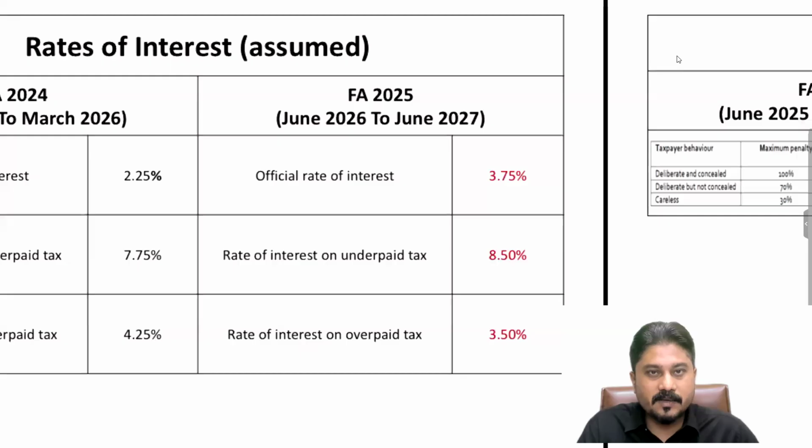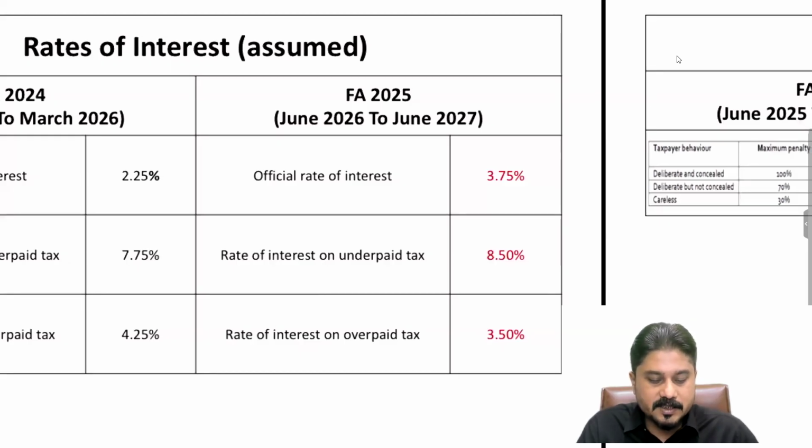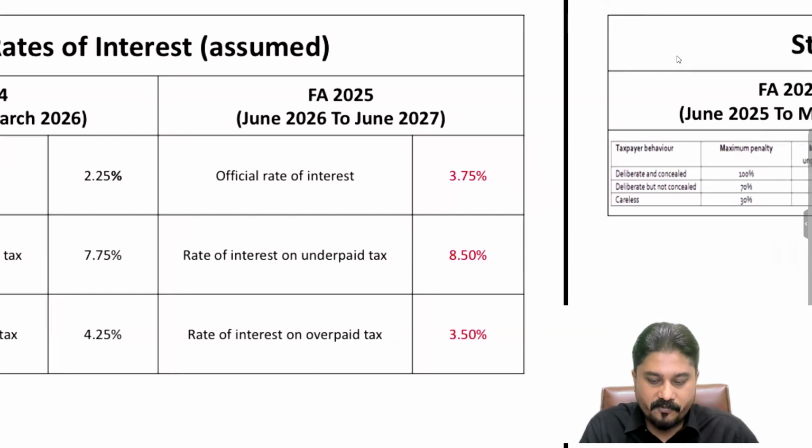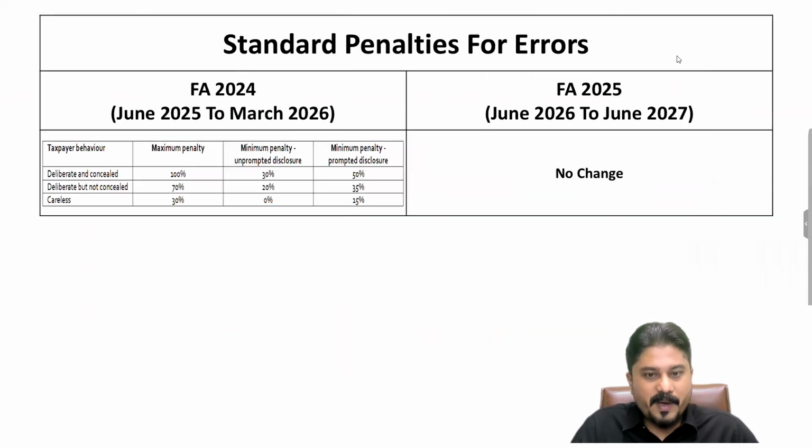So we can say that yes, there are changes in the rates of interest for tax purposes from Finance Act 24 to Finance Act 25. For standard penalties for errors, there is no change at all. That was the last slide.